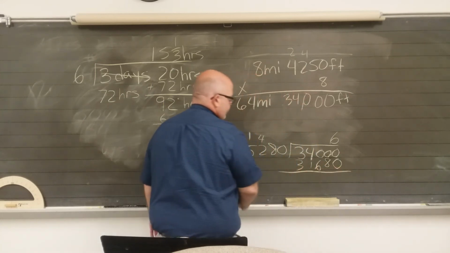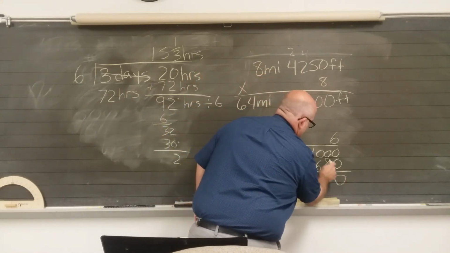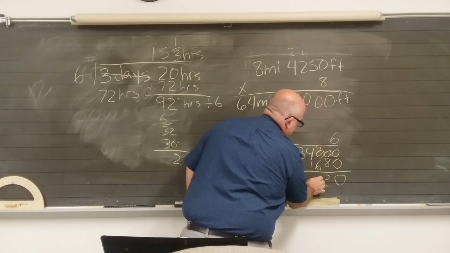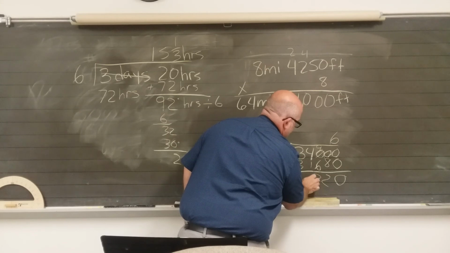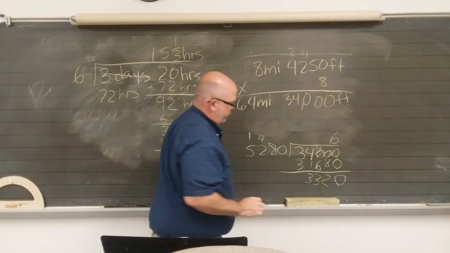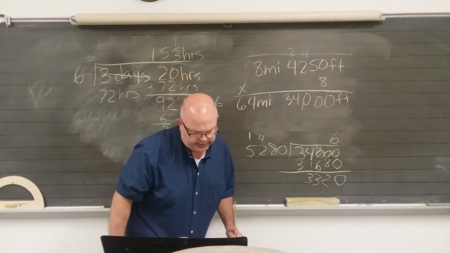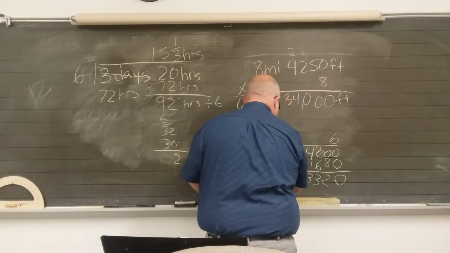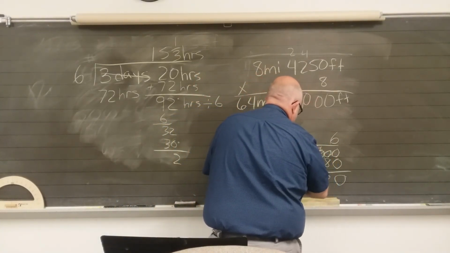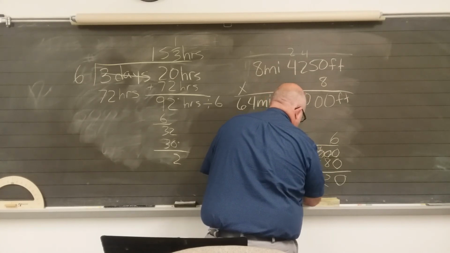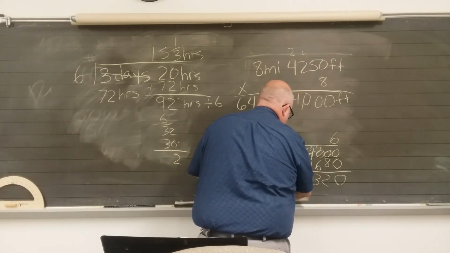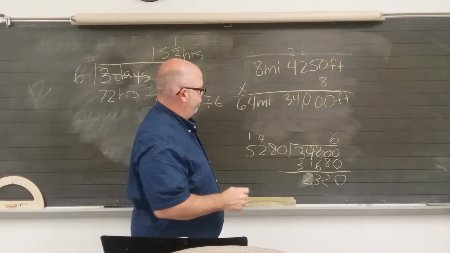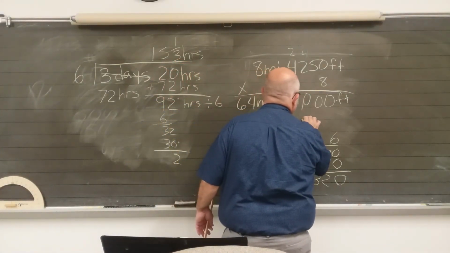Right? Subtract that. 0, 2, 9 minus 6 is 3, 3,320. Sorry, this needs to be borrowed: 2,000. Okay, your remainder is feet, 2,000.